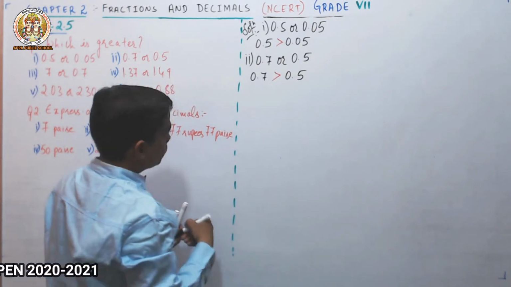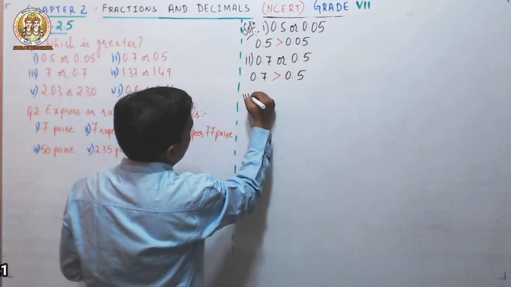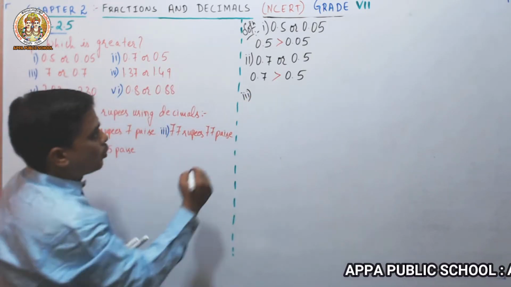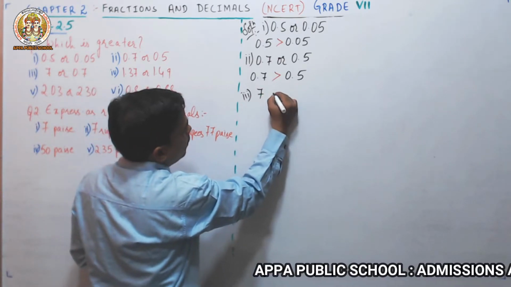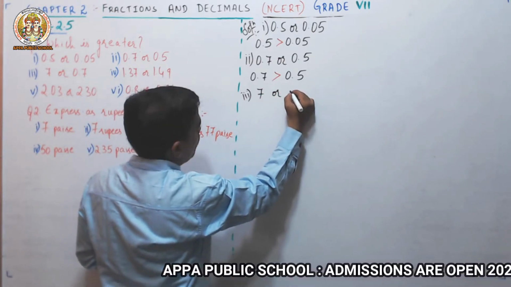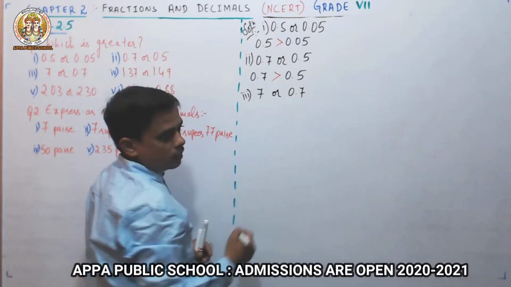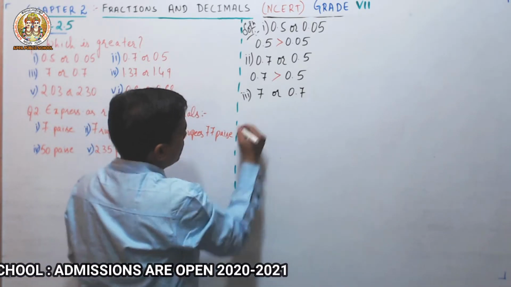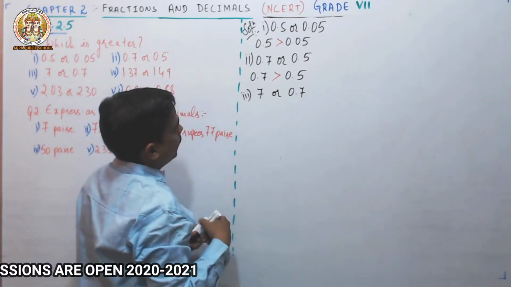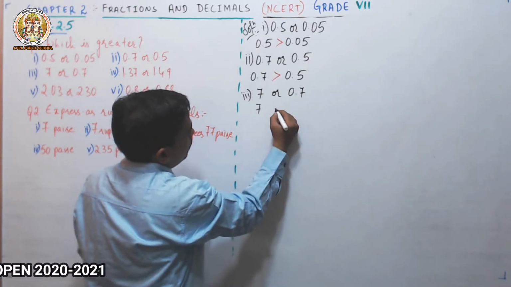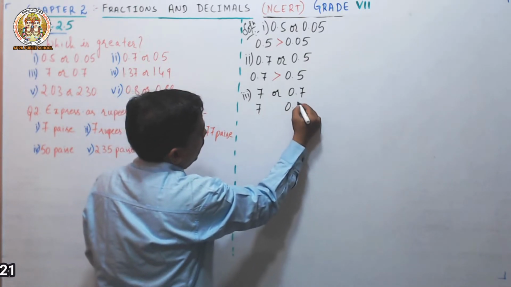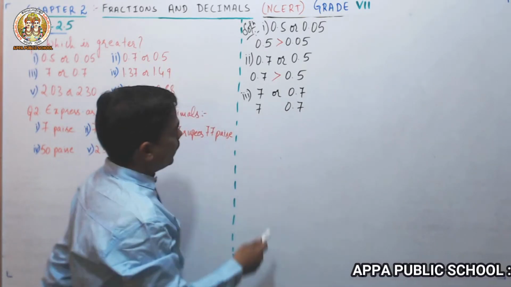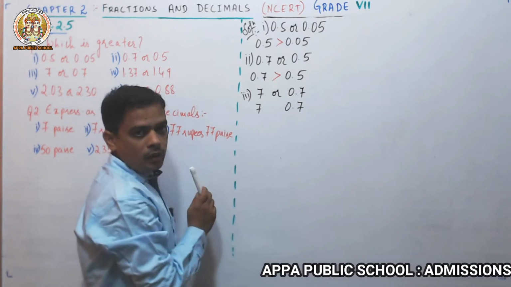Third bit. What is the third bit? The question is 7 or 0.7. So here we have only one decimal number.